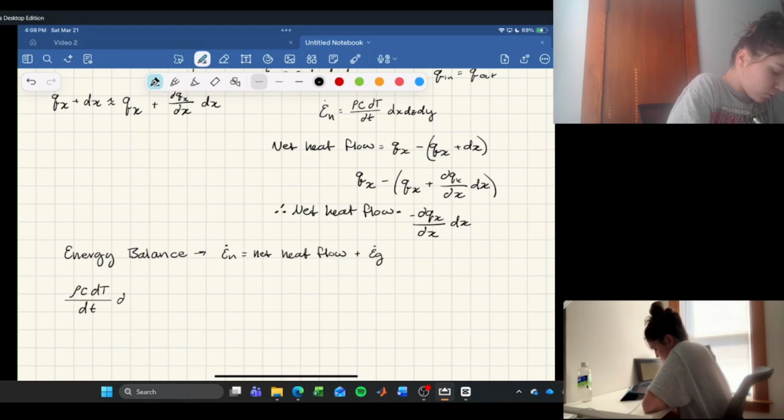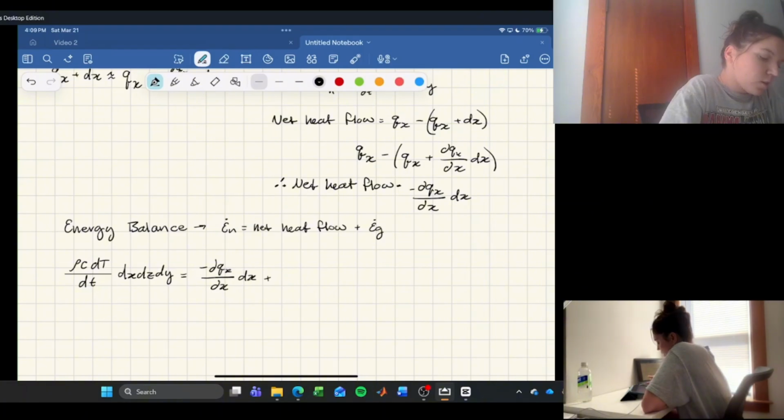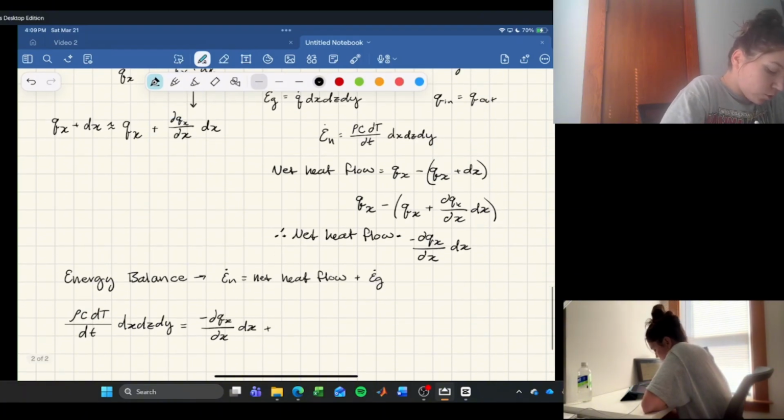This is part of the volume. It's going to be equal to the net heat flow we just said was the negative change in the heat over the change in position with respect to dx plus the energy generated, which is the rate of heat flow times the volume.